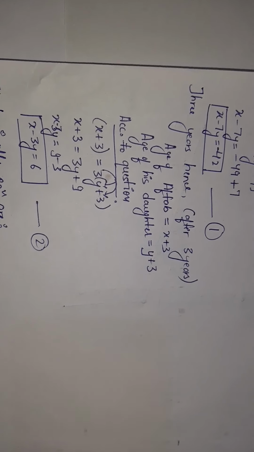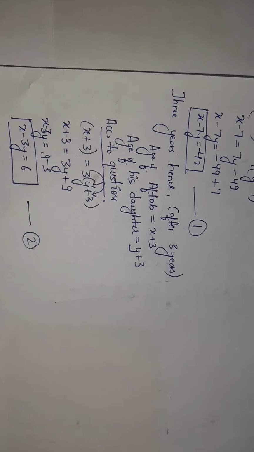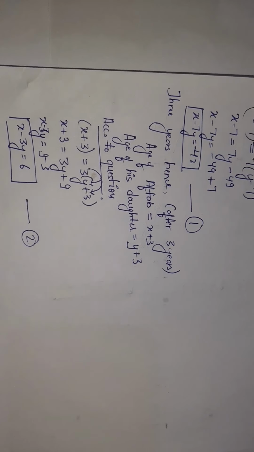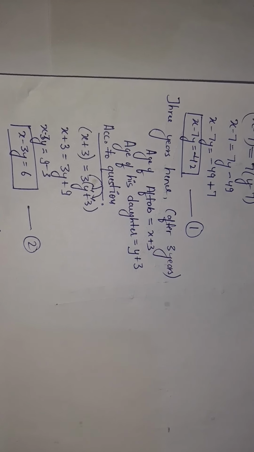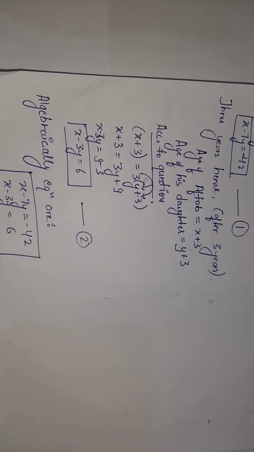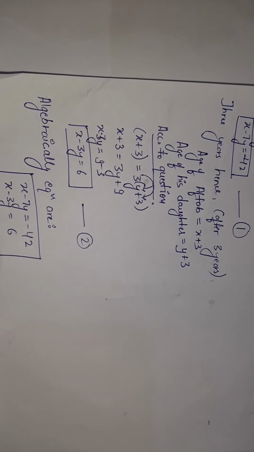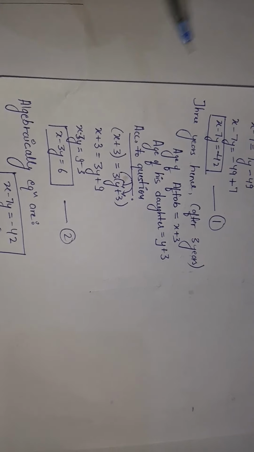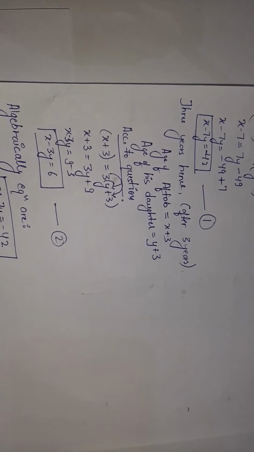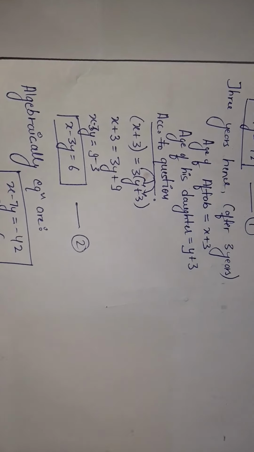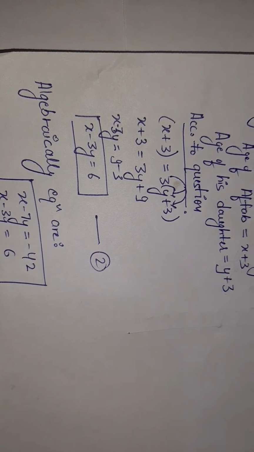3 years hence, after 3 years, means we have to add: x plus 3, y plus 3. According to the question, x plus 3 is 3 times y plus 3. Again we have multiplied. This will become x plus 3 is equal to 3y plus 9. x minus 3y is equal to 9 minus 3.